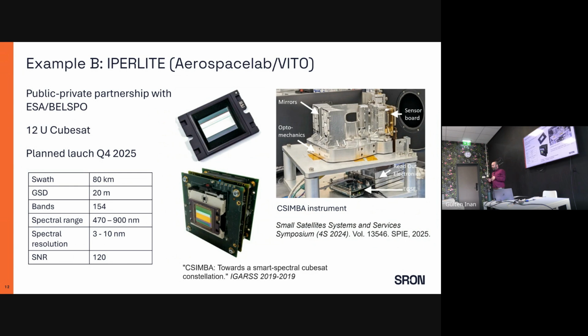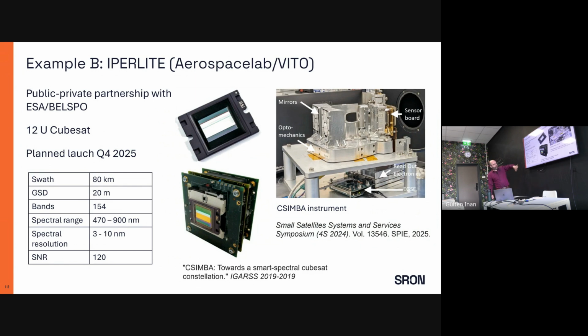It will be a satellite of about 12U volume, with a swath of about 80 kilometers and still quite a good spatial resolution of 20 meters, and many more bands, 150 bands, so much better spectral resolution. Though, if you compare it to Landsat or Sentinel-2, it's only in the visible range. SNR will be 120.